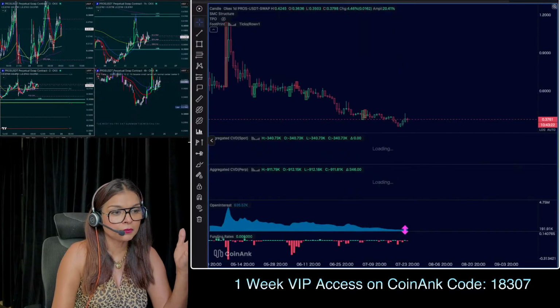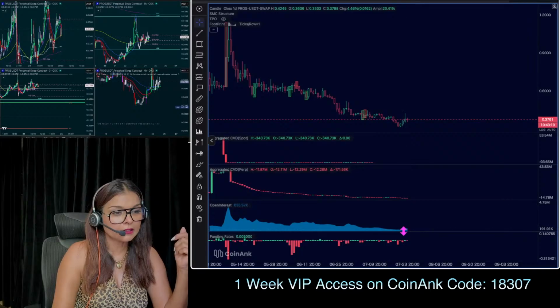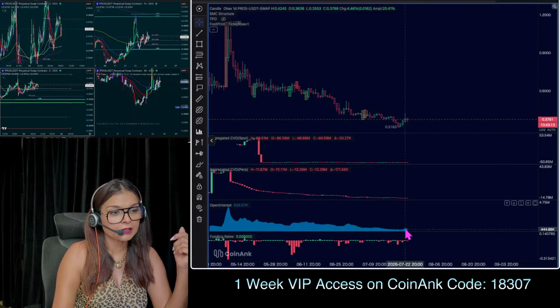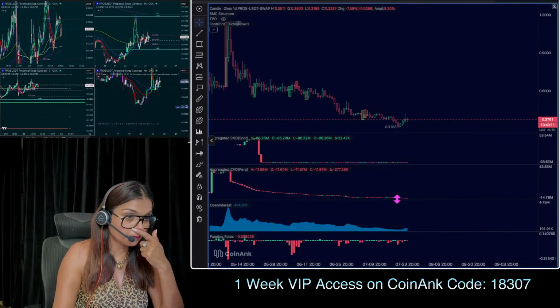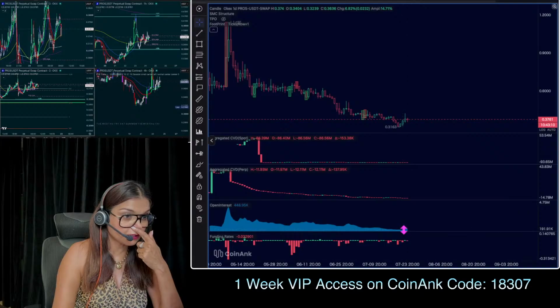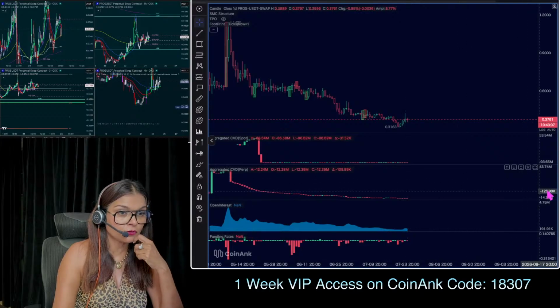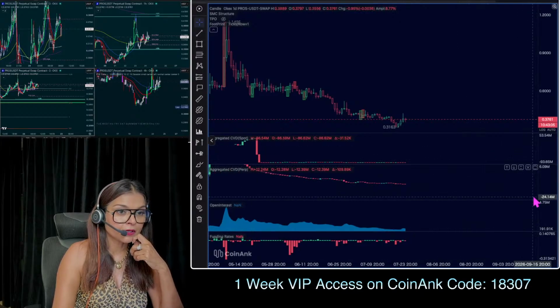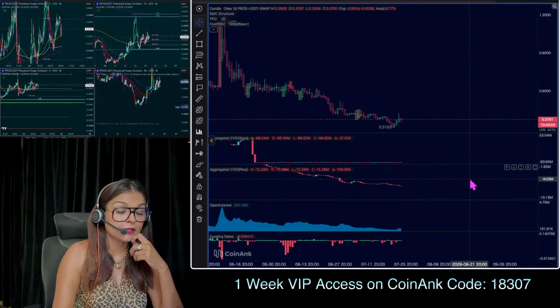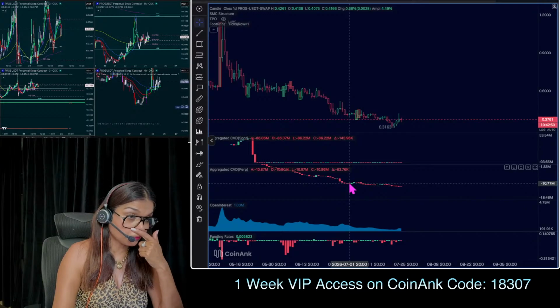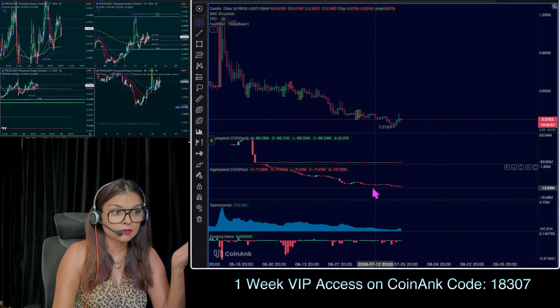So here we see a little spike in open interest. We see negative funding. Over here we see a little spike in funding, but the spike in the open interest, sorry, if you look at the CVD, you can see CVD perp going down. So positions are closing.